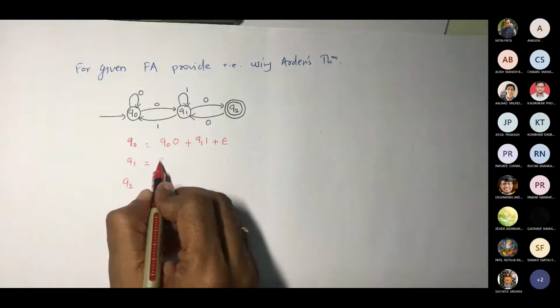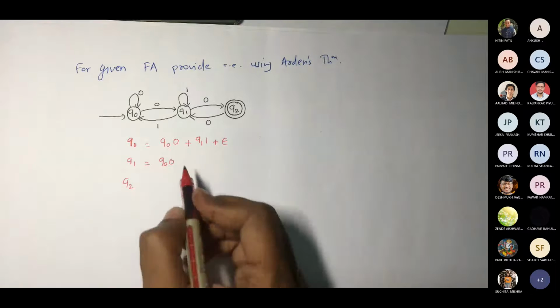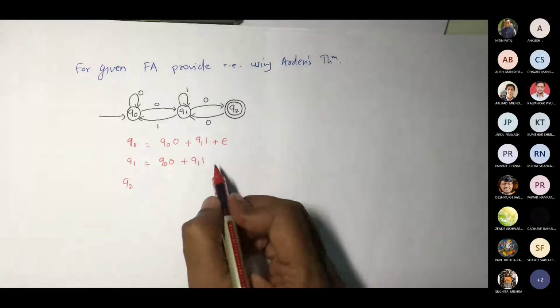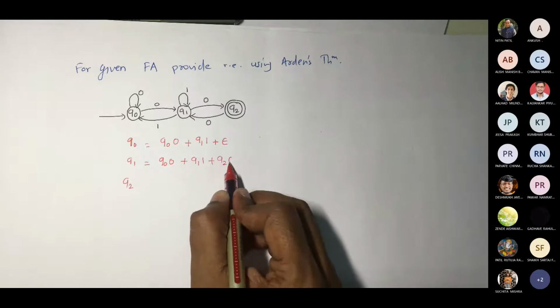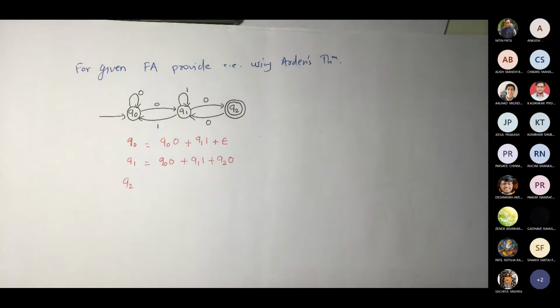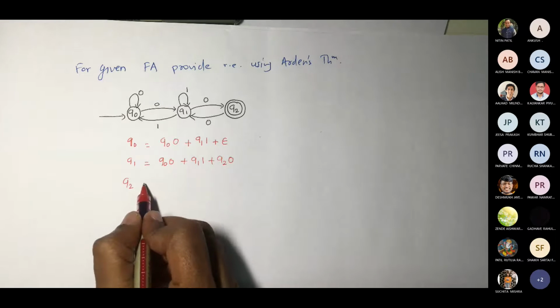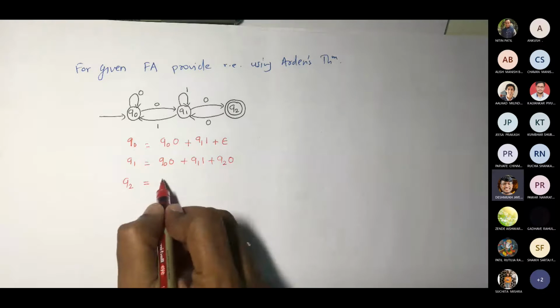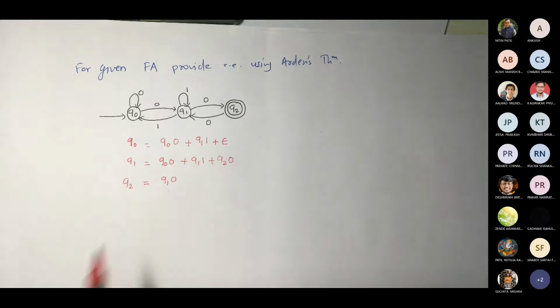So it is Q0, 0 plus Q1, 1 plus Q2, 0. Now about Q2, how many incoming transitions are there? Only 1. So it is Q1, 0.